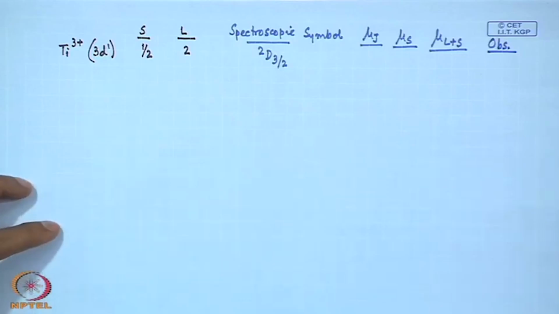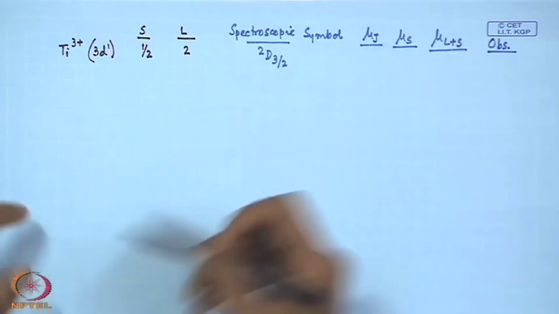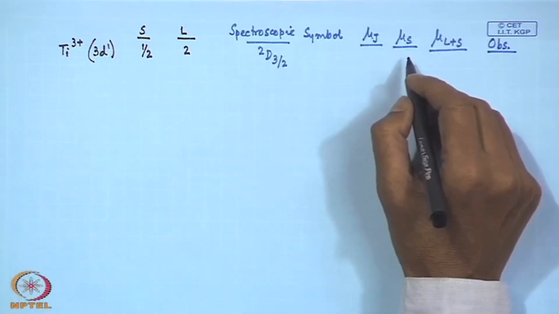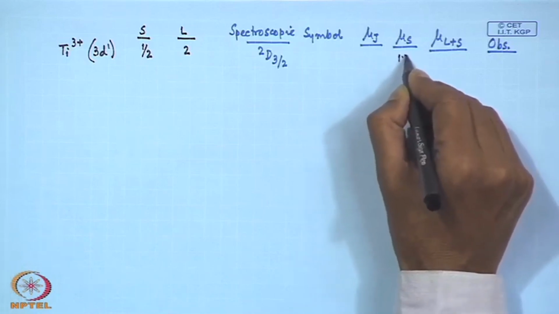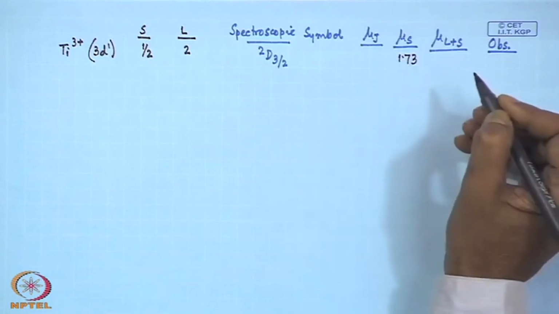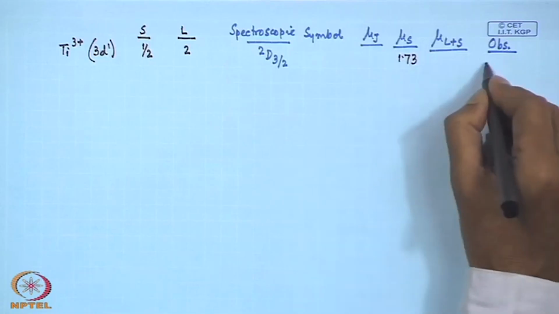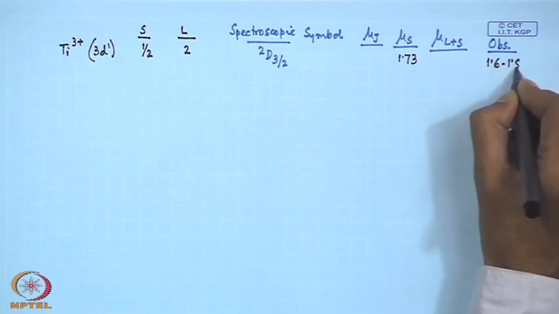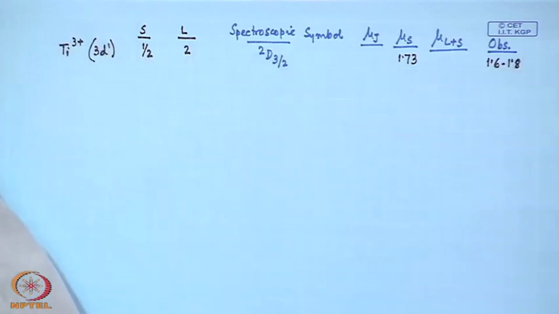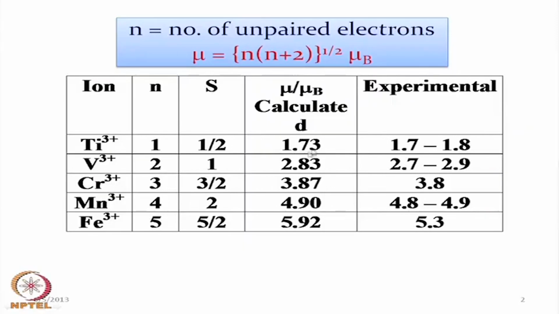So in the previous table, we were looking at the spin only values, which is 1.73, and the observed values are also ranging from 1.6 to 1.8. Here n is the number of unpaired electrons, S is equal to half, and mu is equal to 1.73.